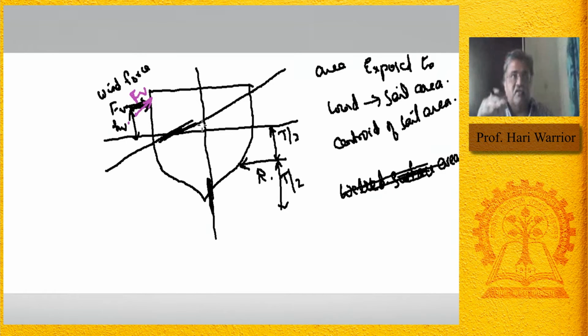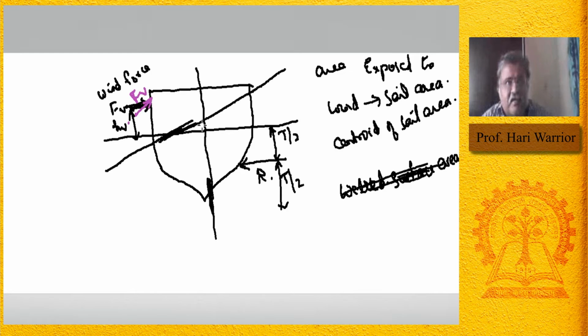When we take the position times the value of the wind force at each point, sum over all the points, and divide by the net force, you will get the position of the centroid. You got it? Yes.